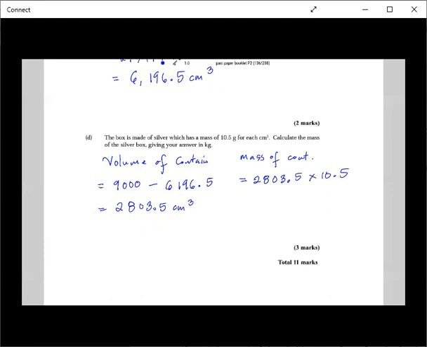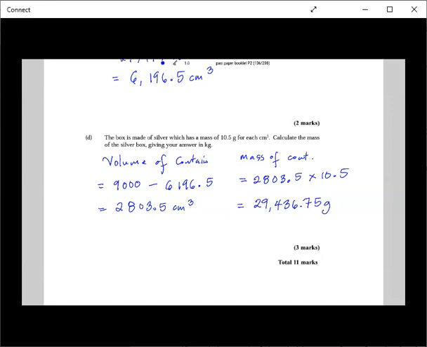So every centimeter cube has a mass of 10.5. So 2,803.5 centimeters cube means I must multiply 10.5 by 2,803.5 to give an answer of 29,436.75 grams.